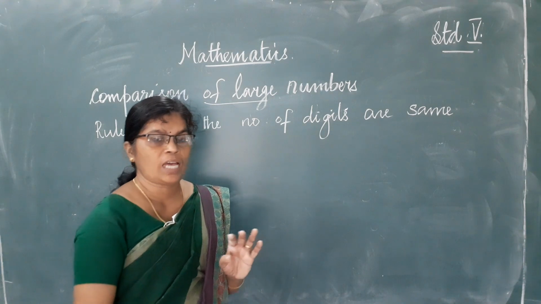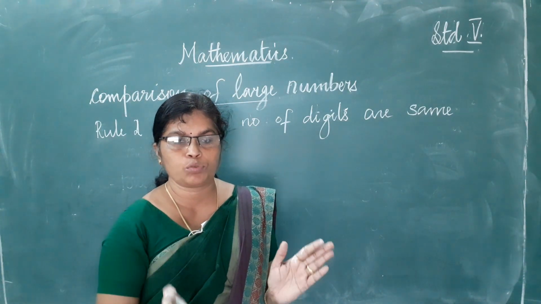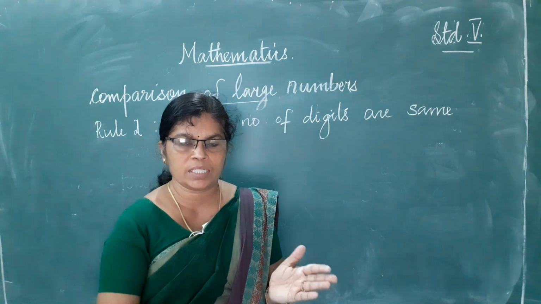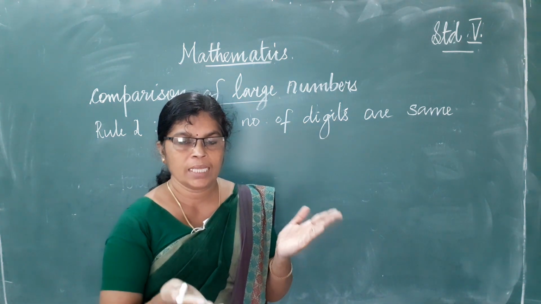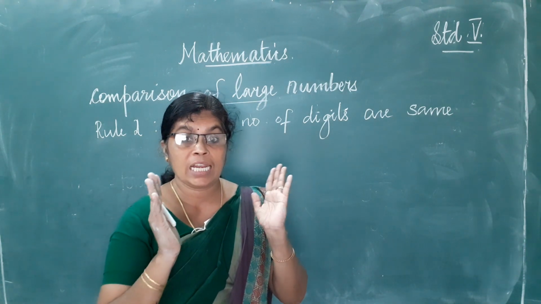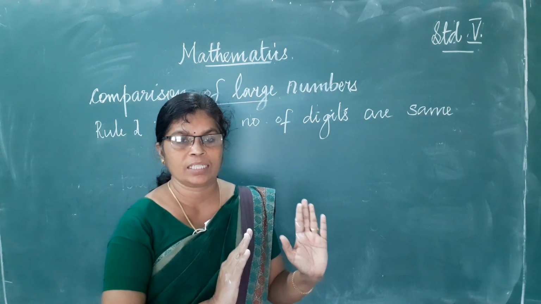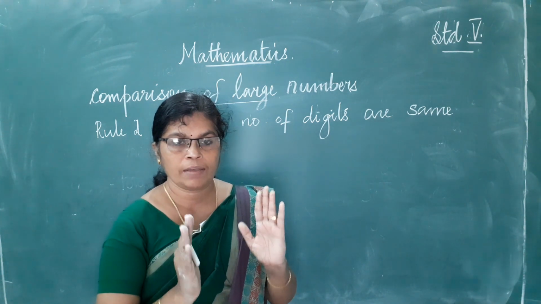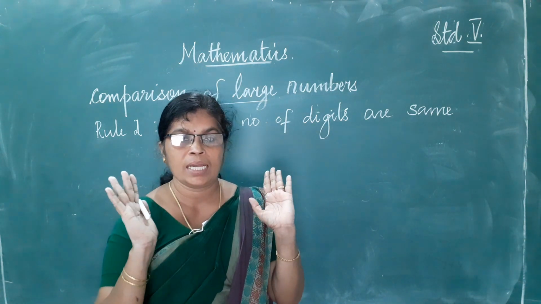If the number of digits is the same, suppose two 6-digit numbers are given, then how do we compare the numbers? If the number of digits is the same, then what to do? I told you the rule in the first class: we have to compare the leftmost digit, the left extreme digit. On the left side, whichever digit is the biggest, that number will be the greater number.